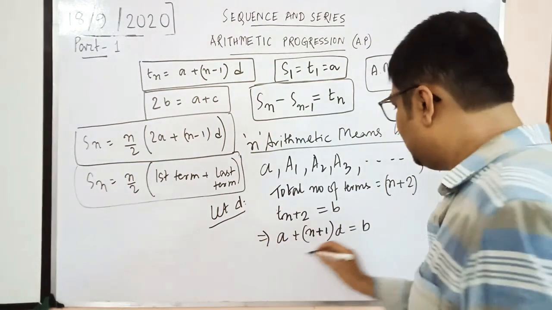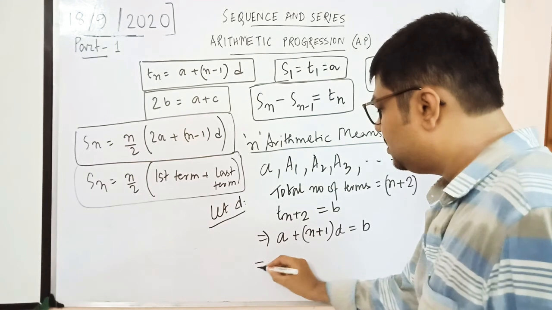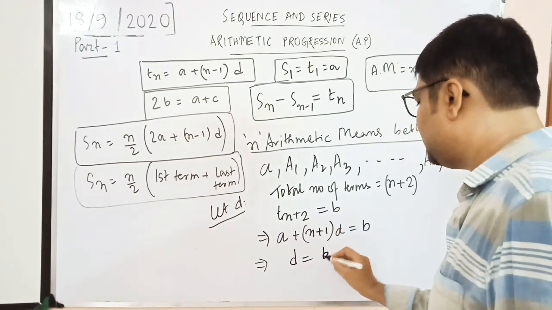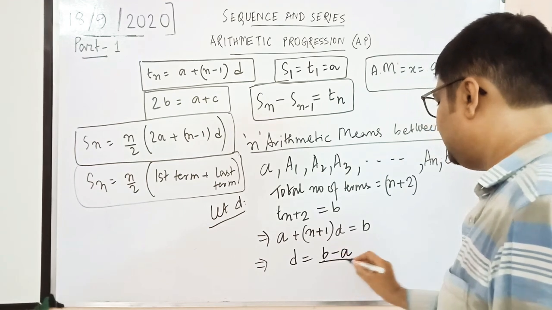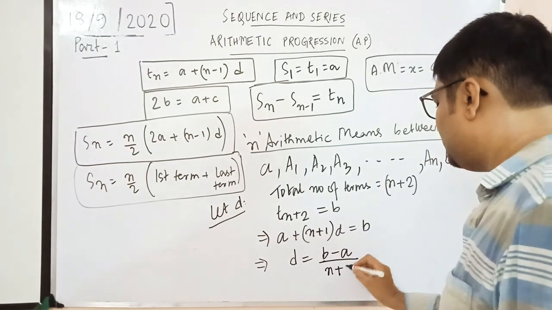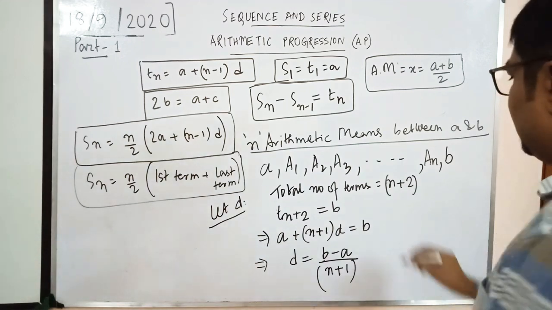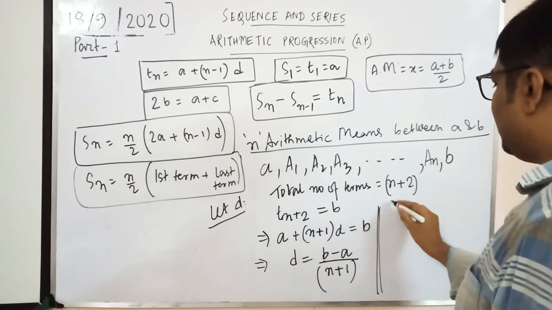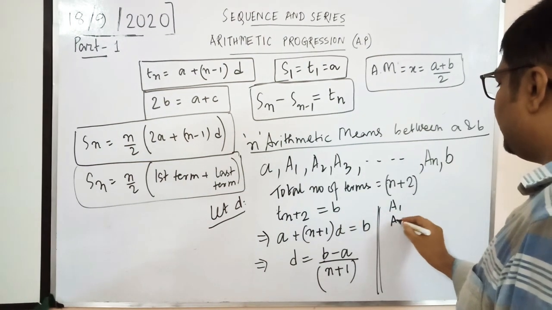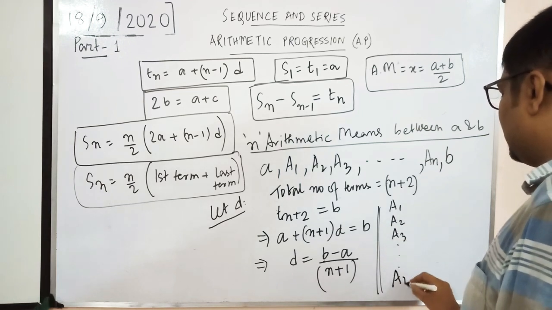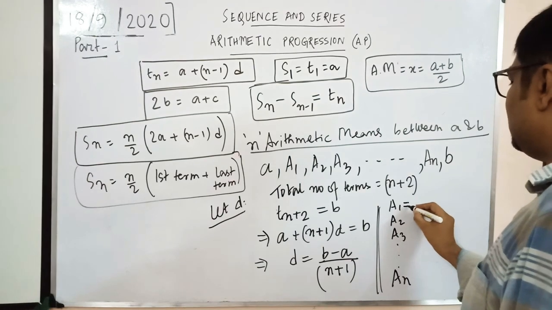From here we can find the value of d. d is b minus a, divided by n plus 1. So we found d in terms of b, a and n. After d is found, it's very easy for us to find all these terms, a1, a2, a3 up to an.